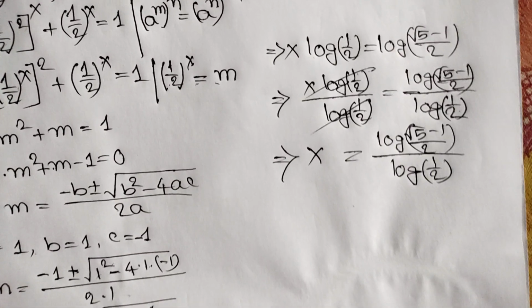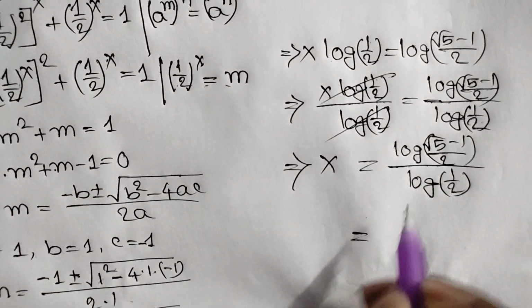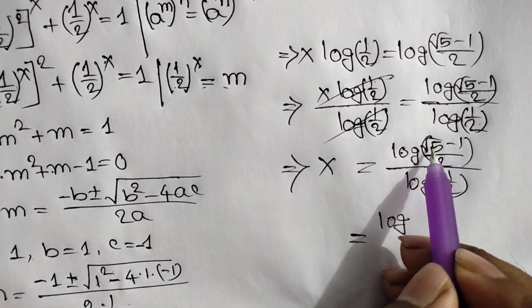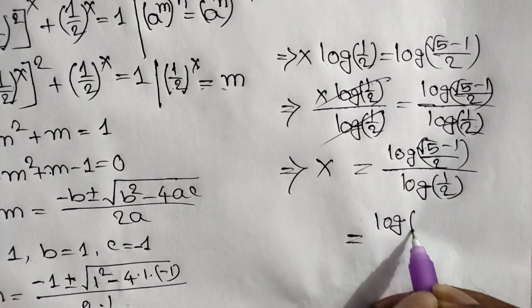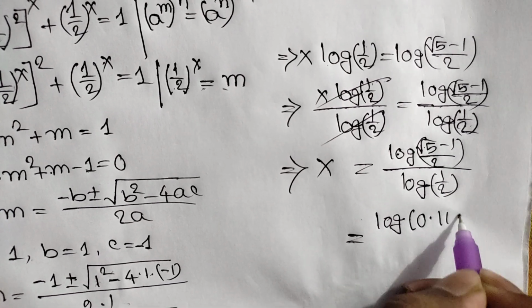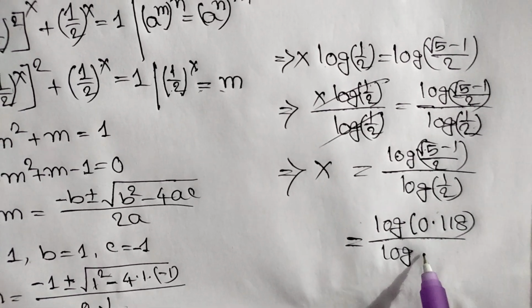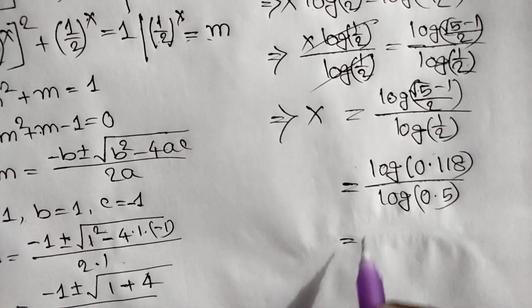Now here we can use a calculator, so we can write log of square root of 5 minus 1 over 2, that is 0.118, over log of 1 over 2, that is 0.5.